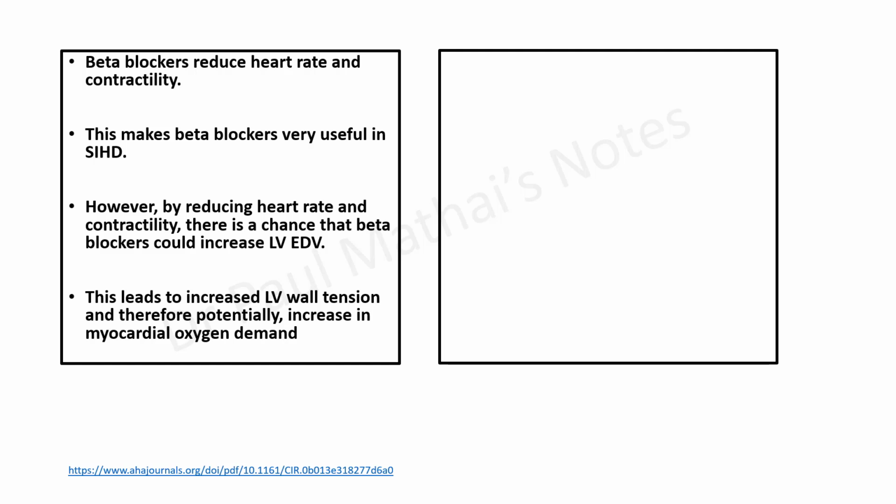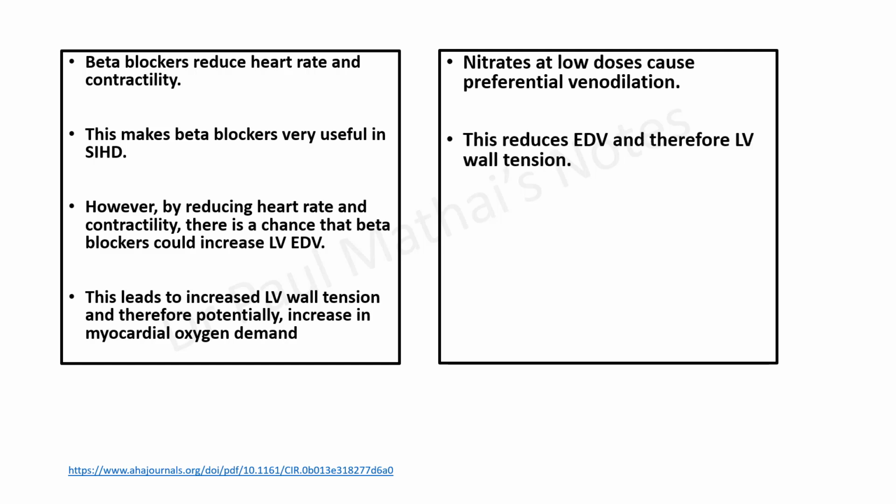This is why beta blockers in stable ischemic heart disease are always combined with nitrates. Nitrates at low doses cause preferential venodilatation. This reduces the blood that returns to the heart and therefore reduces end diastolic volume and therefore left ventricular wall tension.